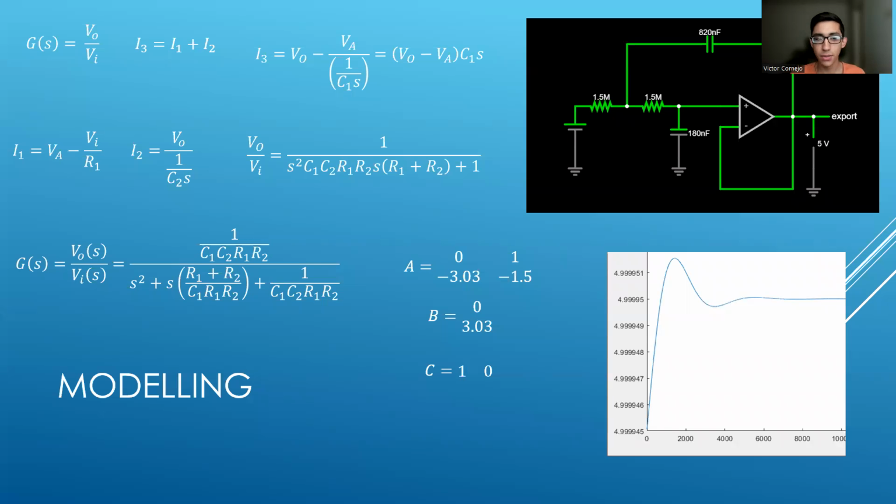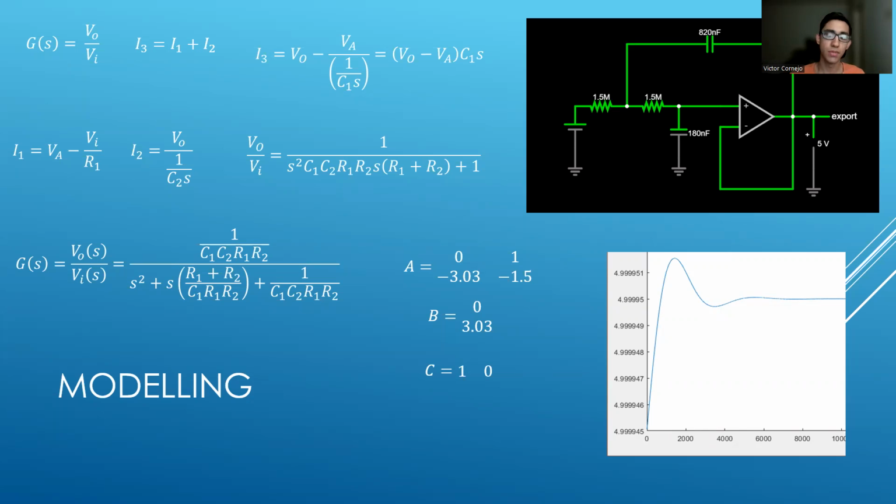Next was first modeling the equations for the second order system. We drew the circuit in a circuit simulator to obtain data and export that data to MATLAB and test how the system performs.